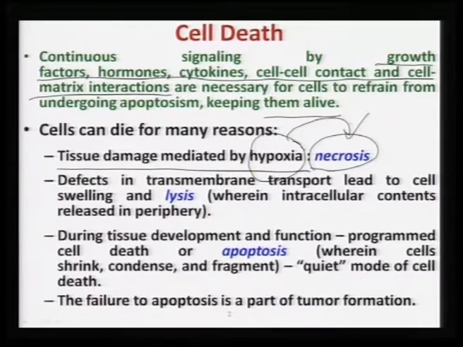Now, defects in the transmembrane transport lead to cell swelling and lysis. So, that is also another case of cell death. During tissue development and function, programmed cell death or apoptosis takes place. Now, this apoptosis is the quiet mode of cell death. Many times you might have heard from people that a particular person underwent a silent heart attack.